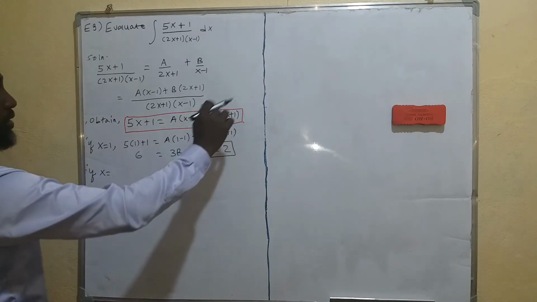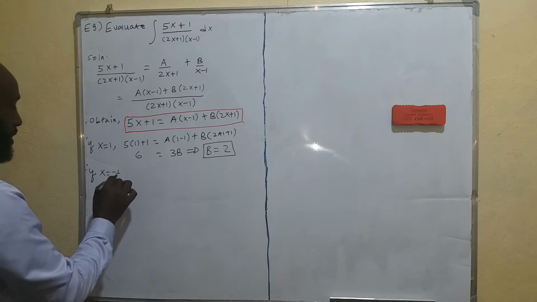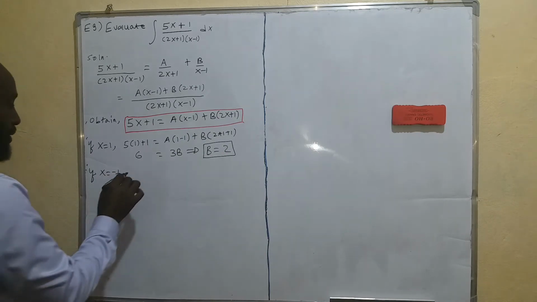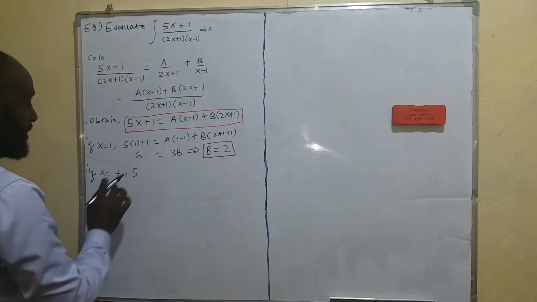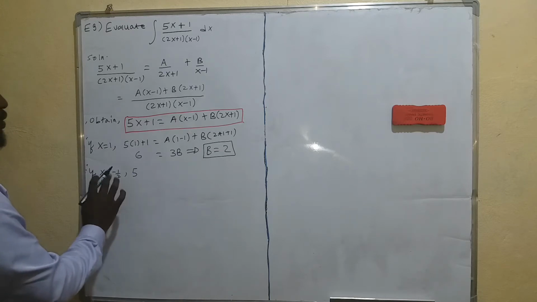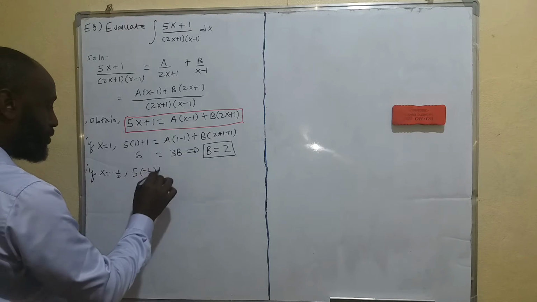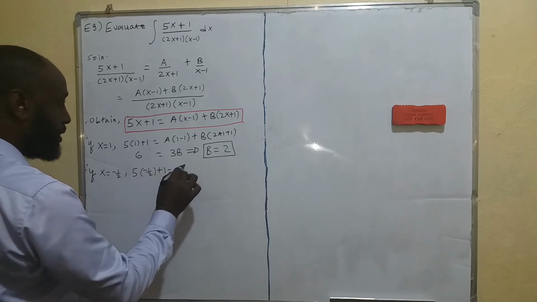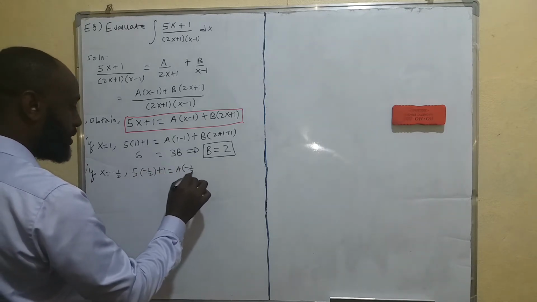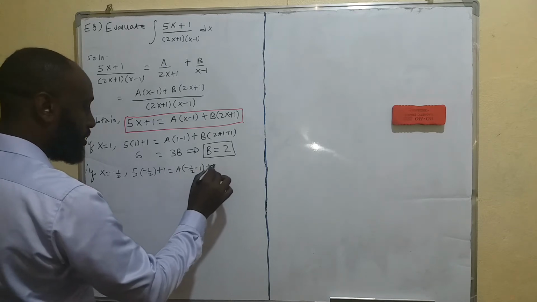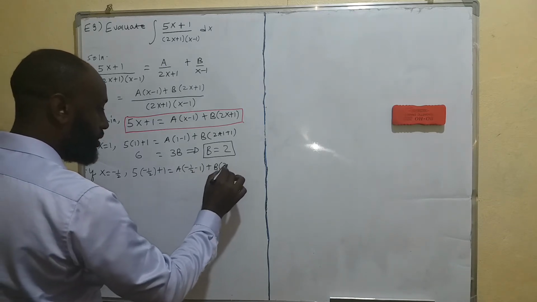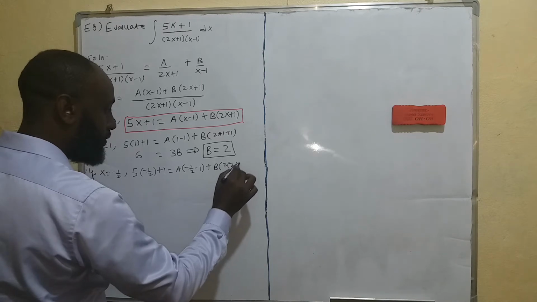Next, to get the value of A, take 2x + 1 equal to 0, so x equals −1/2. Inserting the value x = −1/2 everywhere, this becomes 5 times (−1/2) plus 1 equals A times (−1/2 − 1) plus B times (2 times (−1/2) plus 1).